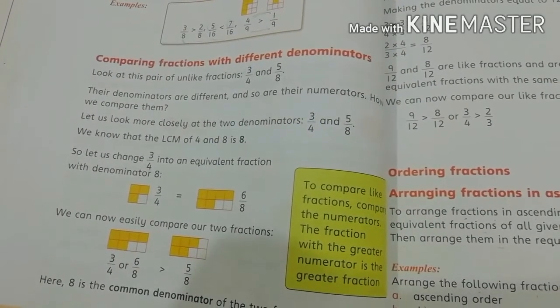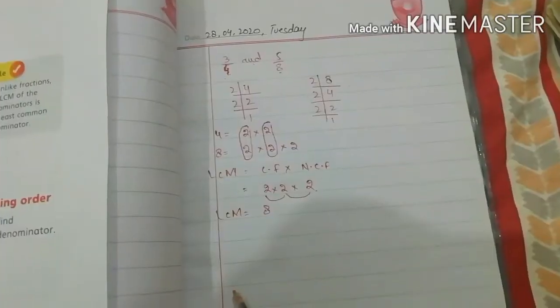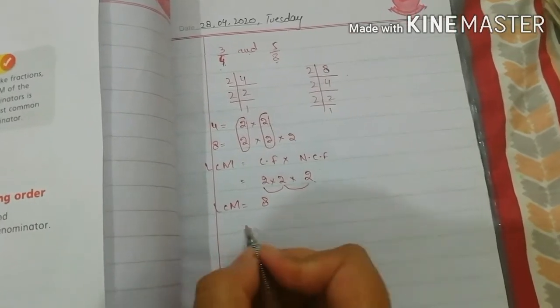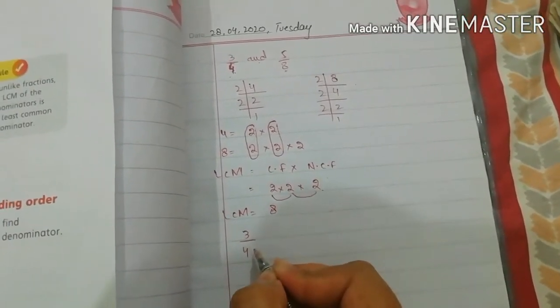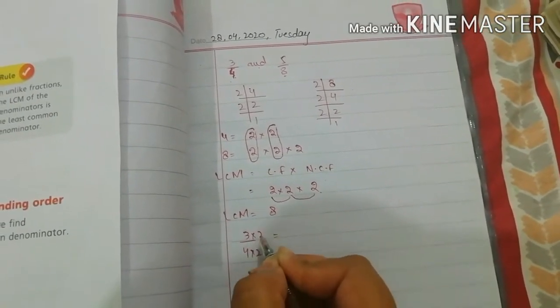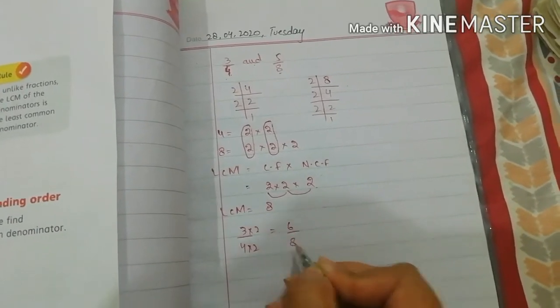So let us change 3 by 4 into an equivalent fraction with denominator 8. Now dear students, we will multiply by 2 both numerator and denominator. So 3 by 4 we have to multiply by 2. 2 3s are 6 and 2 4s are 8.